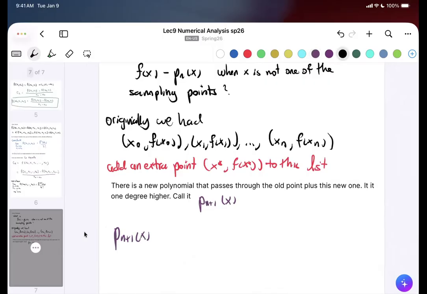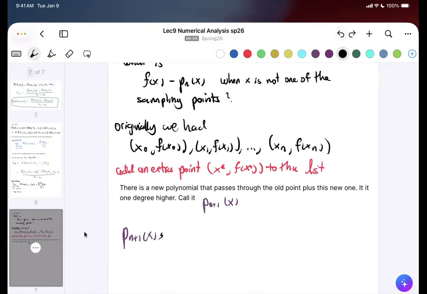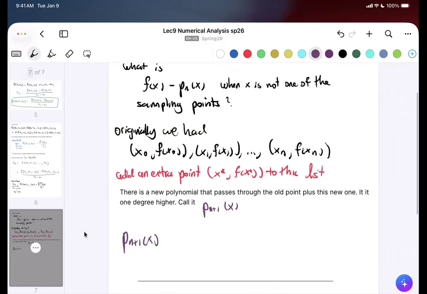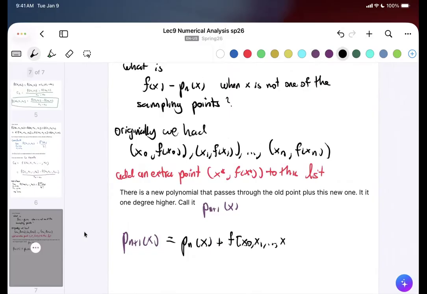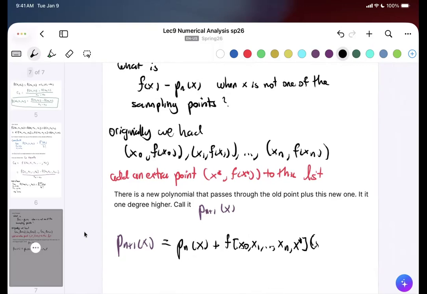So this is the previous polynomial plus the new factor. The new factor would be this divided difference times the product of all these things.